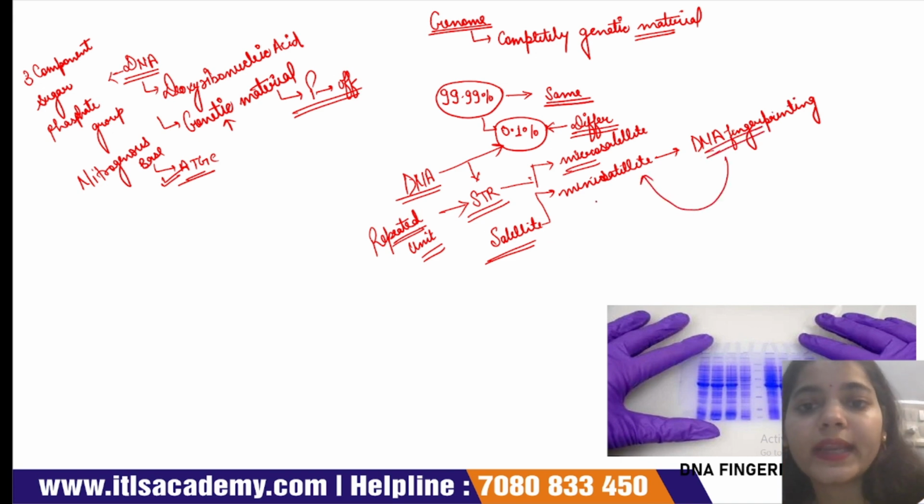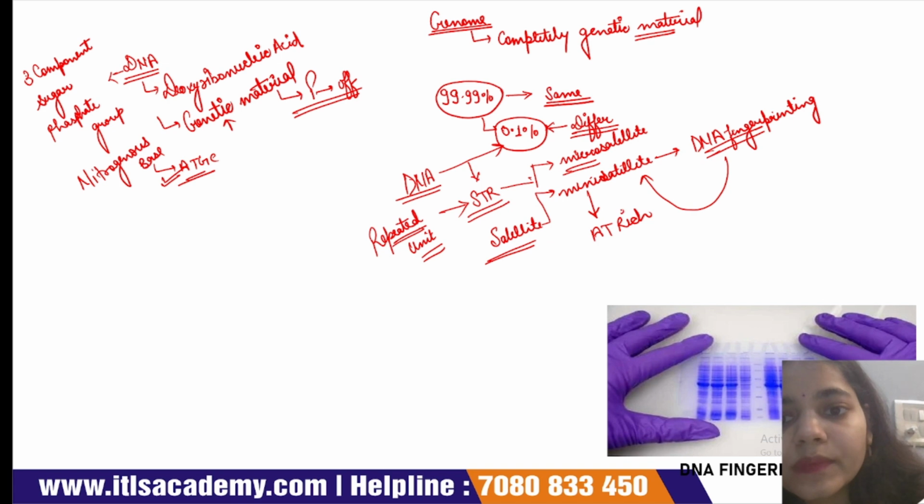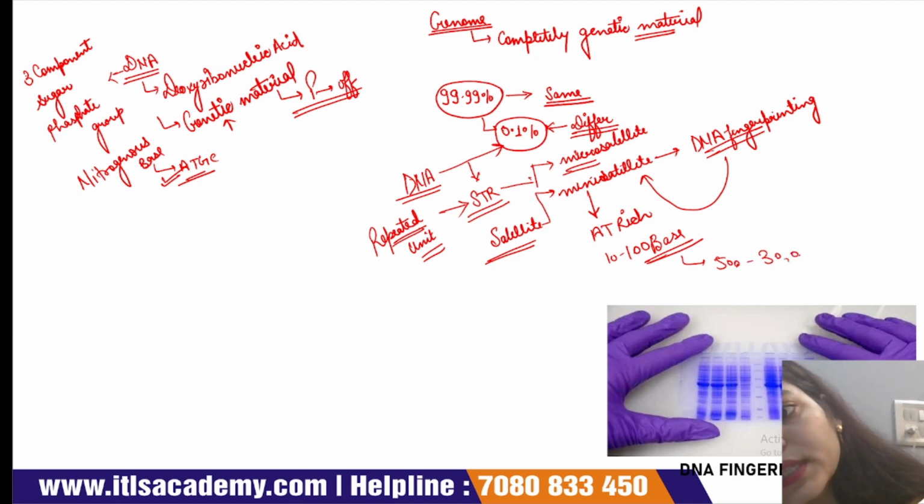What is a minisatellite? A minisatellite is an AT-rich region. It contains repeated units of 10 to 100 base pairs, and it repeats 500 to 3300 times.